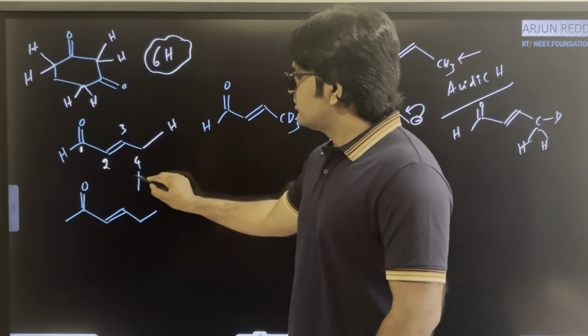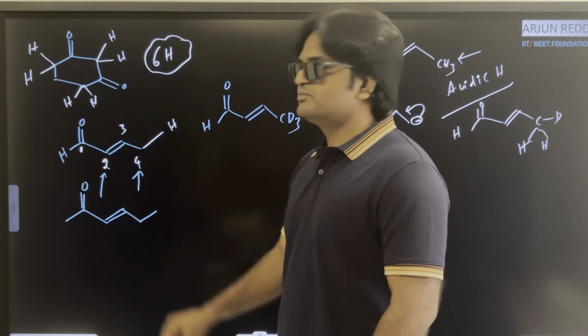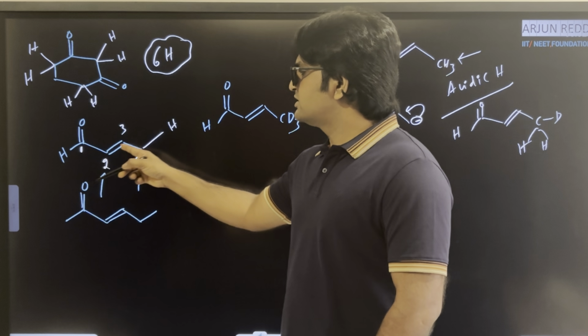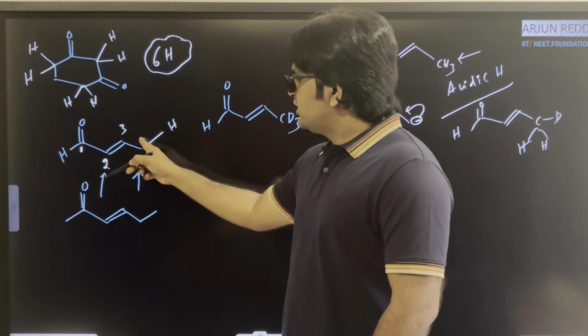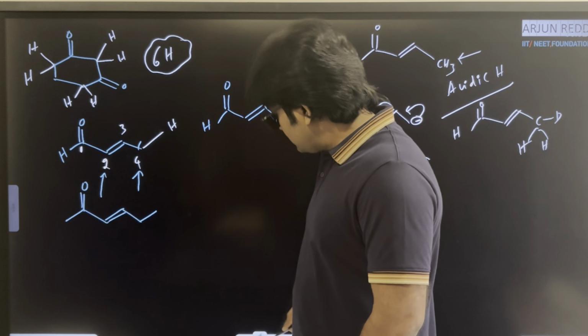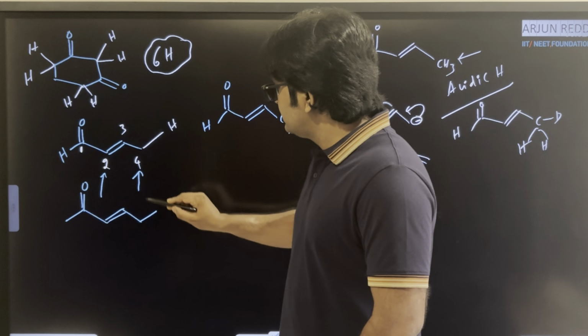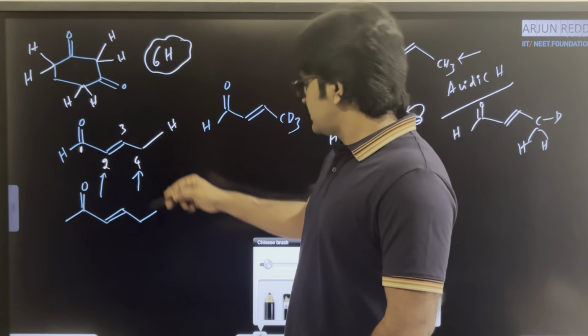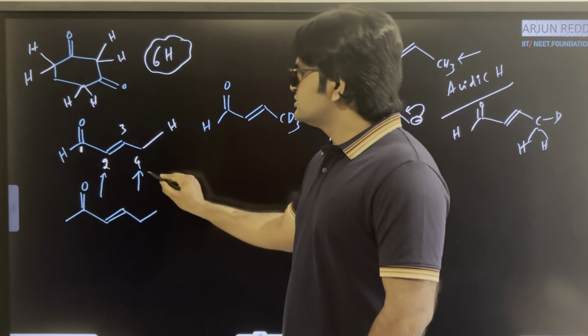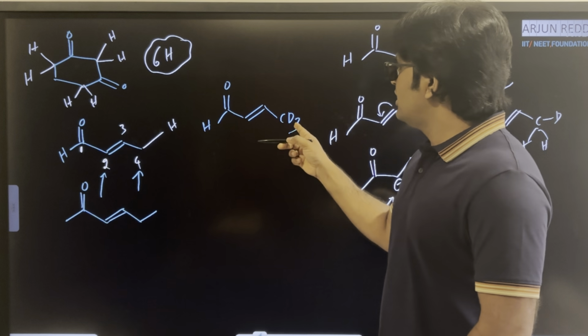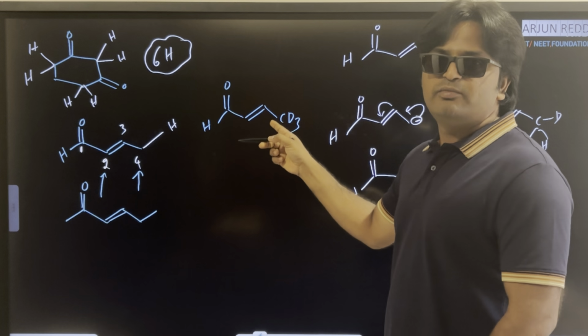At even number of carbon atoms, if there is a chance for extended conjugation, pi, sigma like that, if you are producing a carbanion here, that hydrogen atom is replaced by deuterium. Whatever hydrogens are present at the fourth carbon atom, all hydrogen atoms are replaced by deuterium.